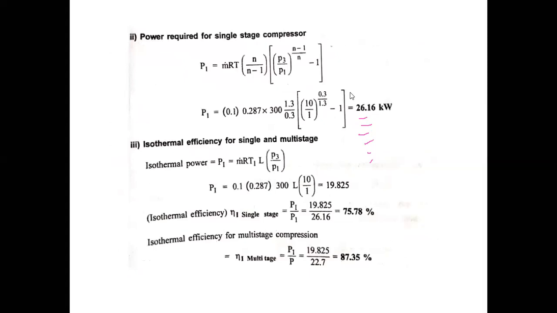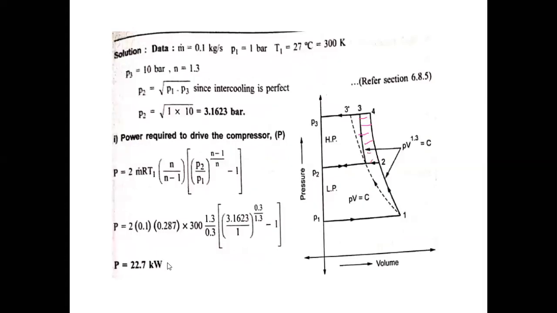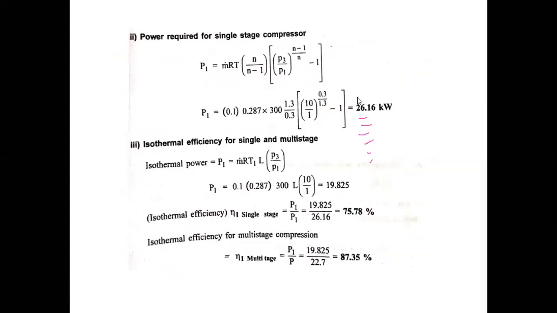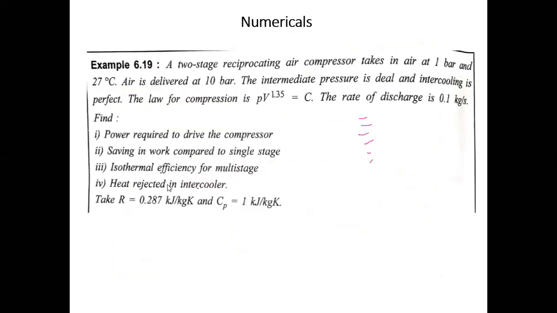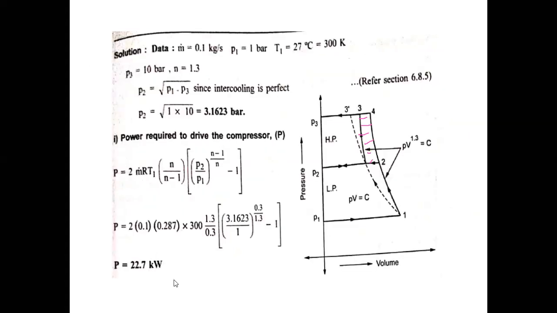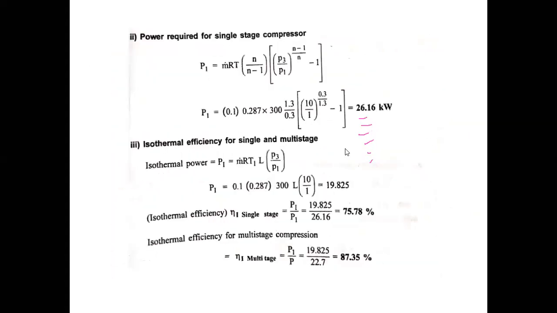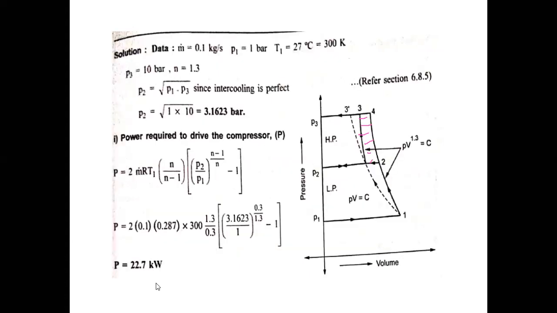So the single stage compressor requires more power, and this difference, 26.16 minus 22.7, gives us the power saved, that is, the saving in work compared to the single stage.